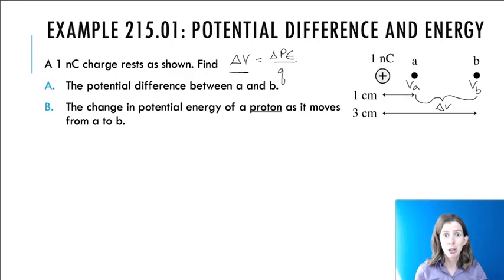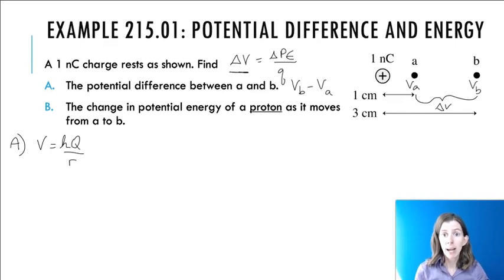So potential difference between A and B would just be VB minus VA. All right. So with that in mind, how do we find a potential at a point? Think about what equation you're going to use. Pause the video. So did you come up with V equals kQ over r?